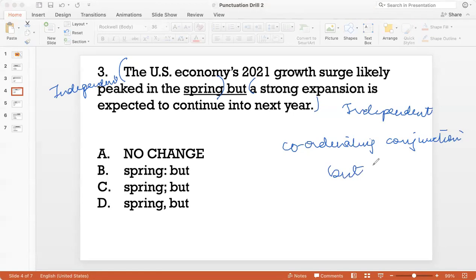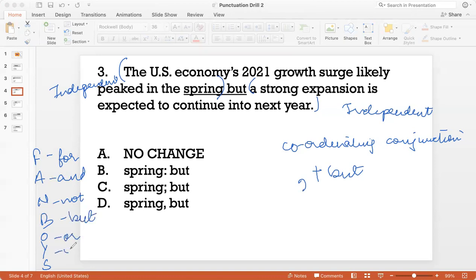Now, the rule about joining two independent sentences with a coordinating conjunction is that you should have a comma with the coordinating conjunction. Which coordinating conjunctions can you use? You can remember them with the acronym FANBOYS. F is for, and, nor, but, or, yet, and so.